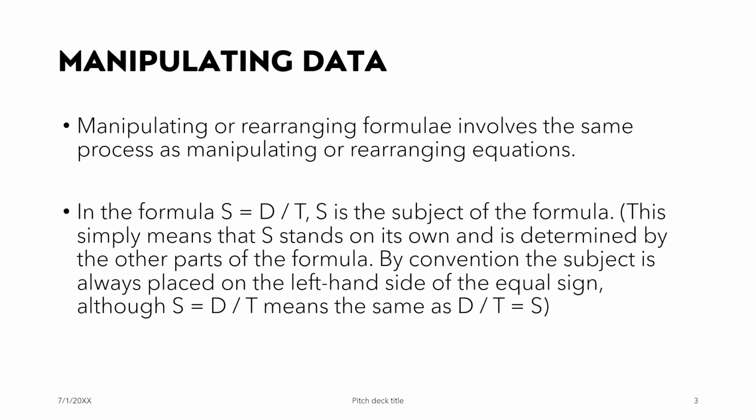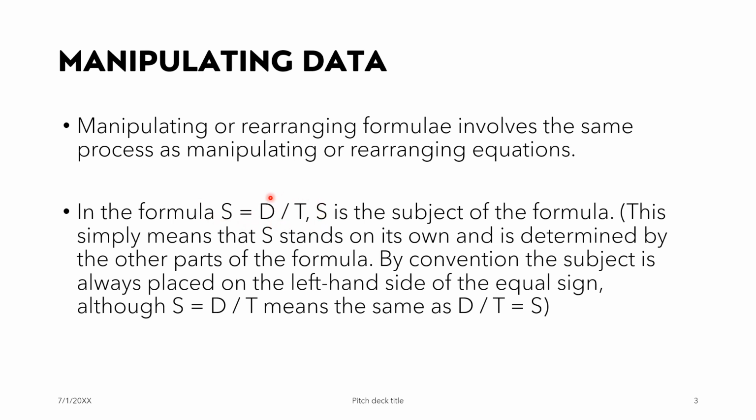So what we're talking about today is manipulating data, which is manipulating or rearranging a formula. It involves the same process of manipulating or rearranging equations. What you basically have is the left and right side. In this formula, for example, speed equals distance divided by time. S, your speed, equals the formula.